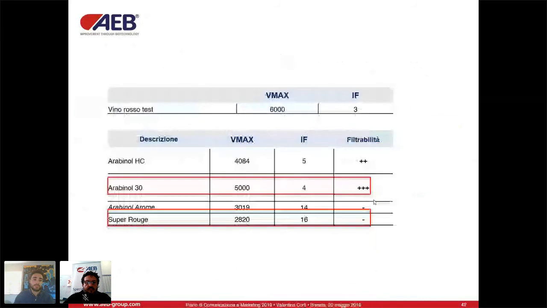Also, Arabinol 30 is the one that has the least impact on filterability. As you can see here, the control wine has a filterability index of 3, and the addition of Arabinol 30 just increases the filterability index by 1, while the other gum, the one more for color, impacts the filtration more.